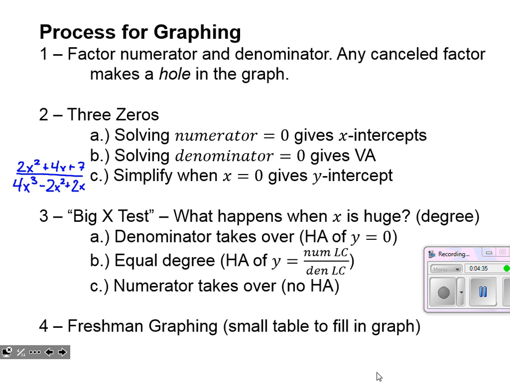When x is a huge, huge, huge number, say like 500,000, the x squared is going to take over the numerator, and the x to the third is going to take over the denominator. Those have the biggest powers. They take over those polynomials in the top and bottom. So really, when we look at the fraction, we're not really concerned about the other stuff. It's going to be washed out by those leading terms, the ones with the highest degree.